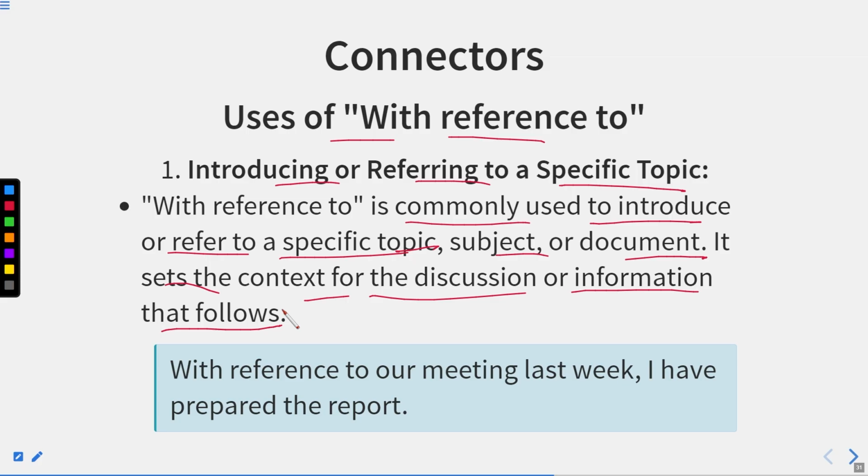Now he will say that whatever is given in this document, according to that, this is right. Whatever the situation is, nobody is discussing that, but they are discussing the topics according to what has been mentioned in the document. So with reference to our meeting last week, I have prepared the report. It means whatever report he has made, it is only according to the last meeting they had conducted.